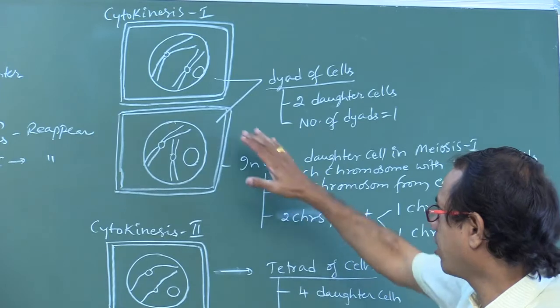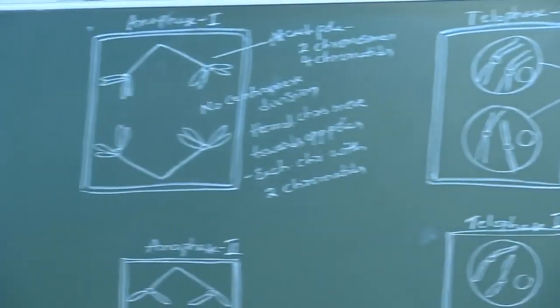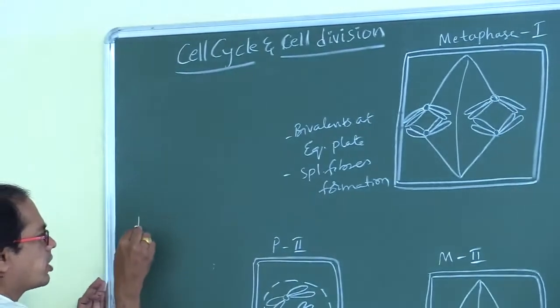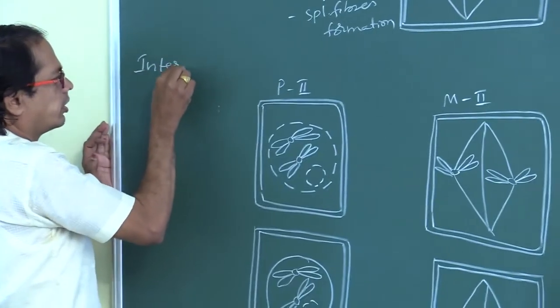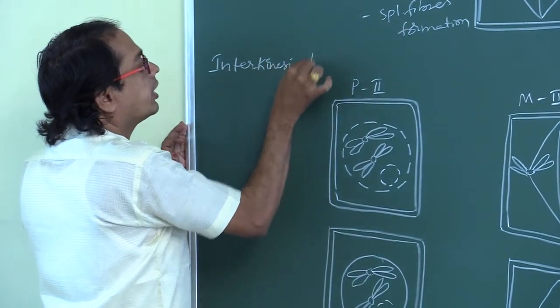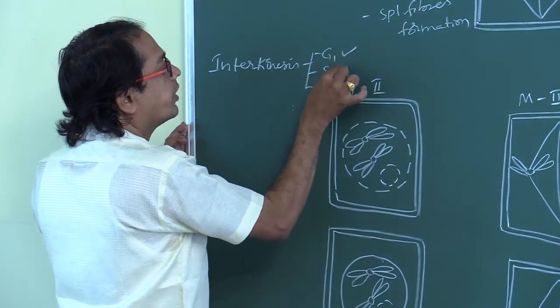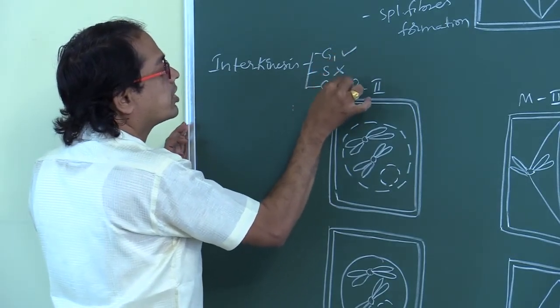Okay. Next, after cytokinesis 1, it comes to one phase called enterokinesis. In enterokinesis, G1 phase occurs, S phase does not occur, G2 phase occurs.